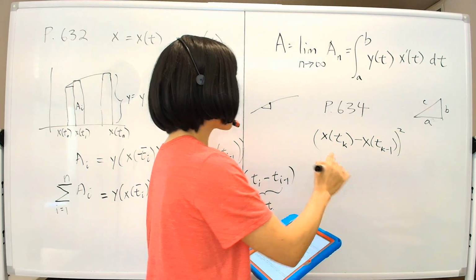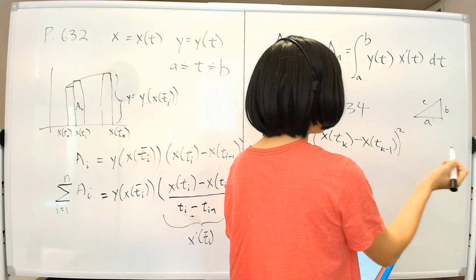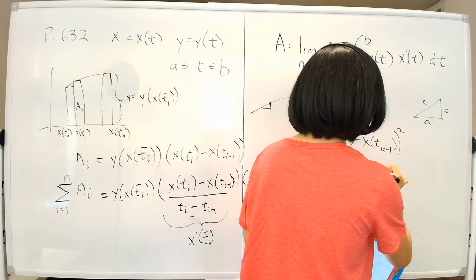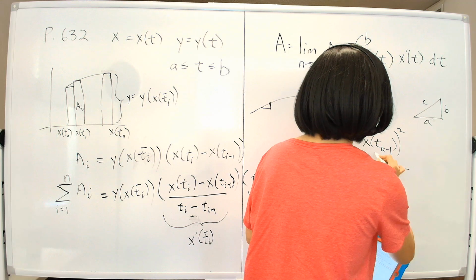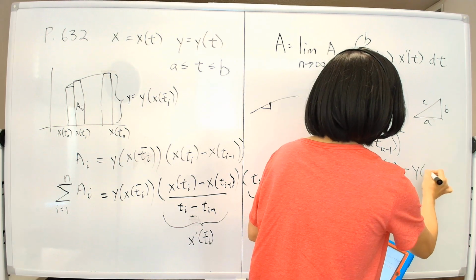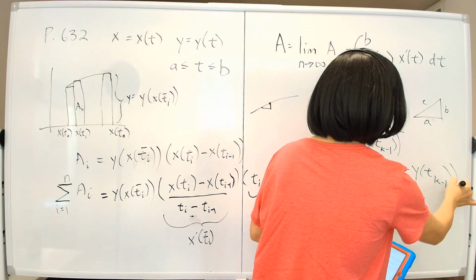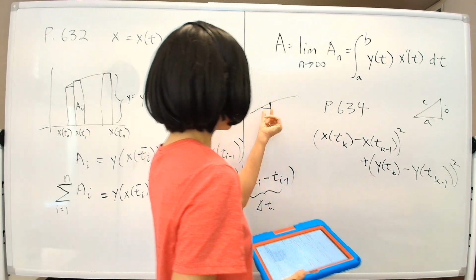That's the x squared, the bottom squared. Added with the same thing with y: y of t_k minus y of t_{k-1}, also squared. That's a squared plus b squared for this tiny little bit.